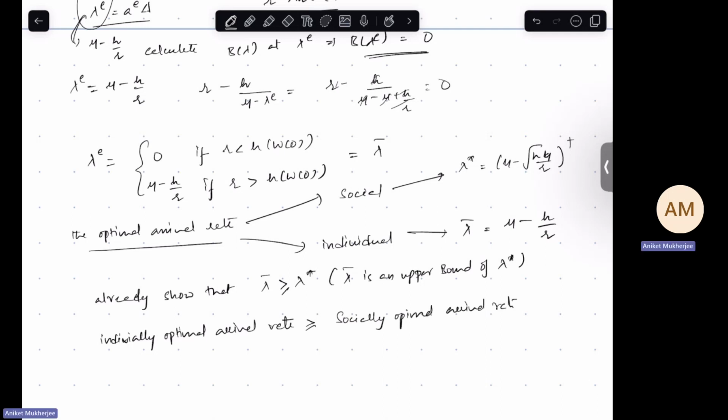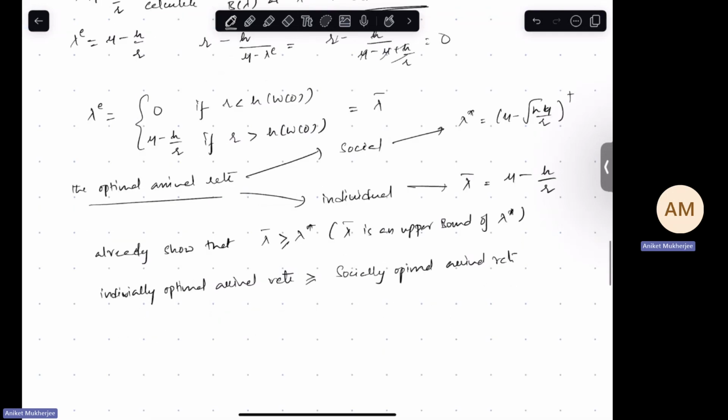So intuitively it makes sense. If each and every customer individually would want to maximize his own reward, then you would see a very high rate of customers going inside.